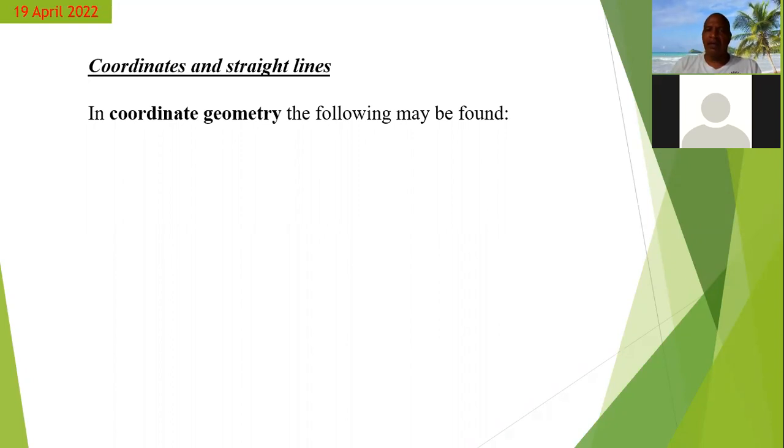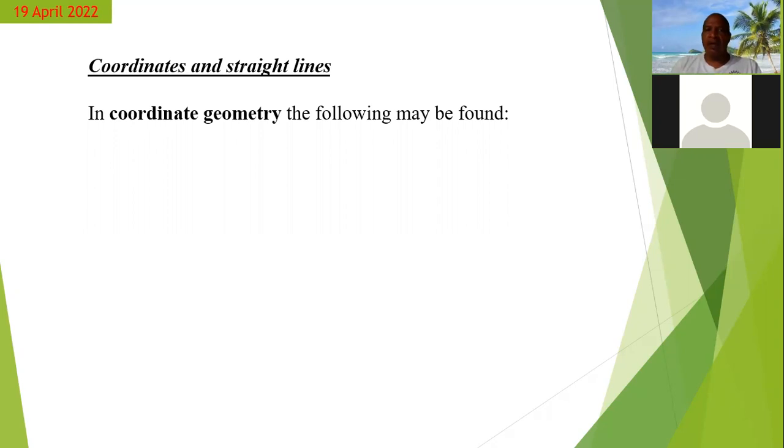One thing that we know about these linear equations is that the power of x and y in those equations is 1. So that's one of the things you look out for to know whether you're going to get a straight line. Once the power of x and y in the equation is 1, it means that when you plot them, you'll get a straight line. So those equations are called linear.